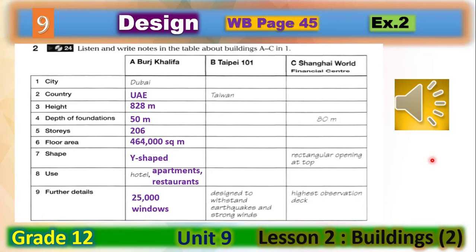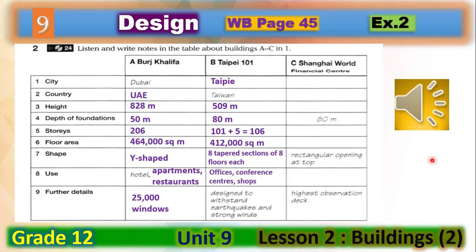If we have a look at the Taipei 101, it is in Taipei in Taiwan. 509 meters, 80 meters, 101 plus 5 equals, the total will be 106. 412,000 square meters, 8 tapered sections of 8 floors each, offices, conference centers and shops.